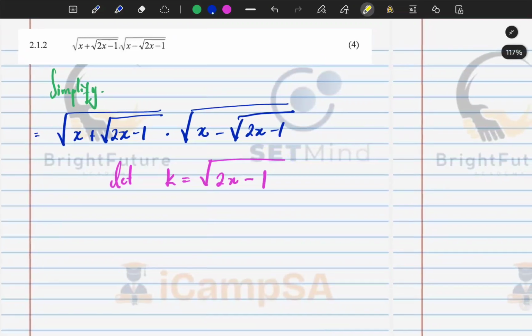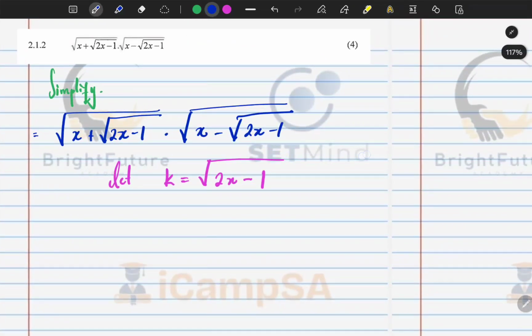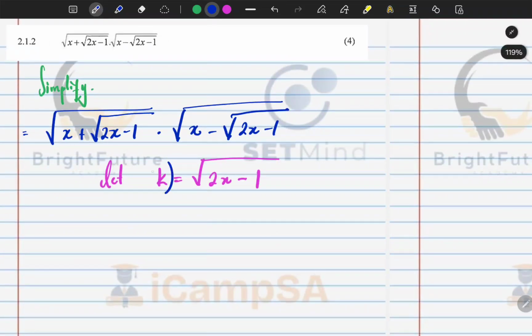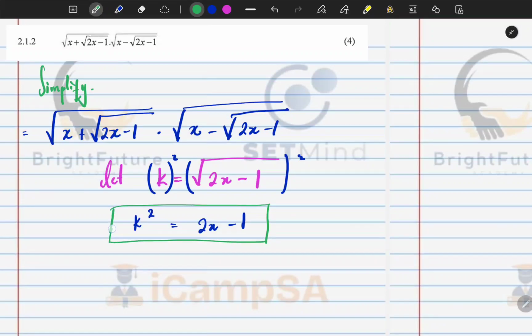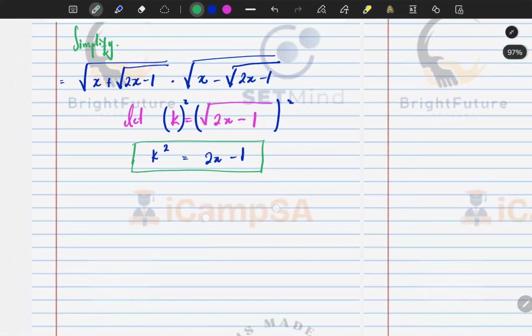So what I'm going to do is square both sides. I'll be left with k squared is equal to 2x minus 1. Great, so I just park this here, and I continue now.